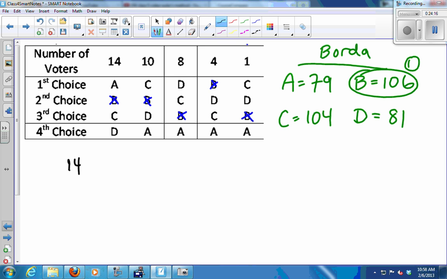So we're going to have 14 go A, C, D. Notice that these two columns with B gone both have C, D, A. So I'm going to combine them into one column that has 11 people.